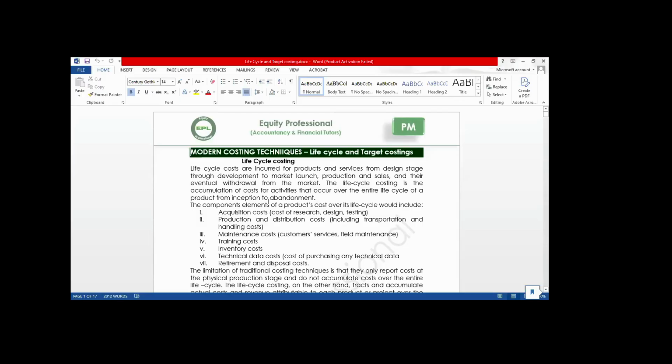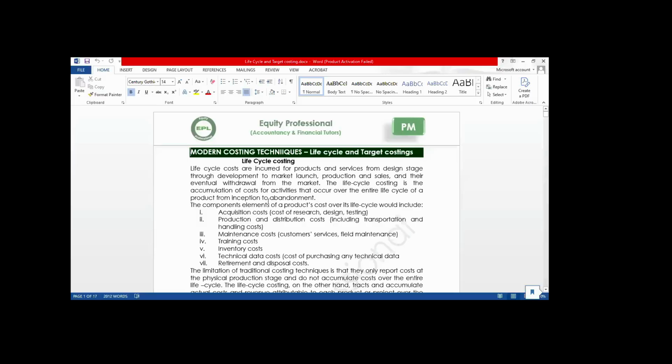Where you have the traditional costing system, laborers are employed to engage in production. The larger percentage of the production process is undertaken by employees.